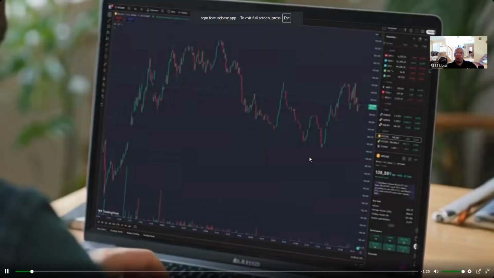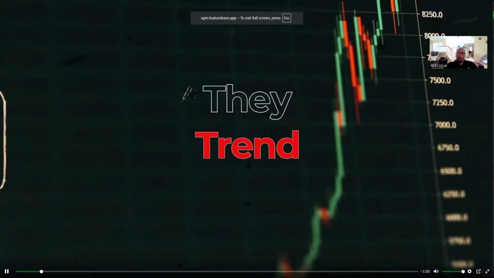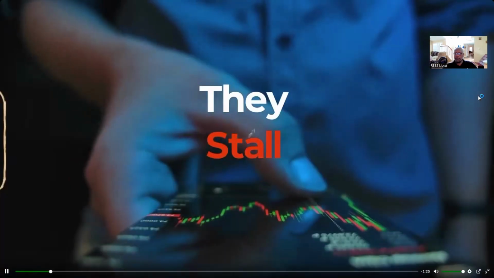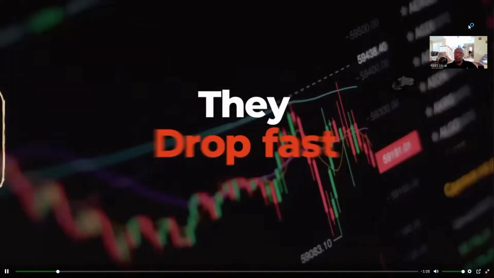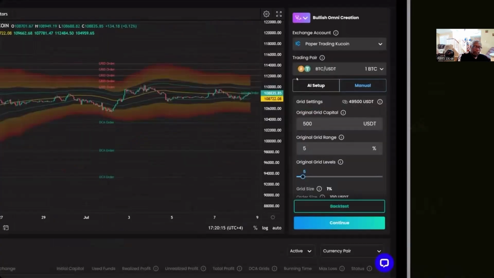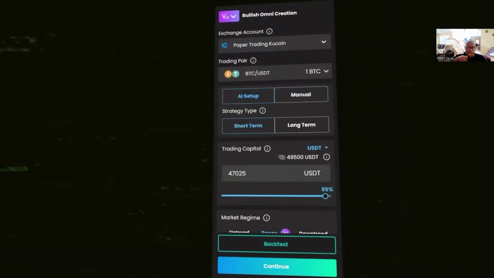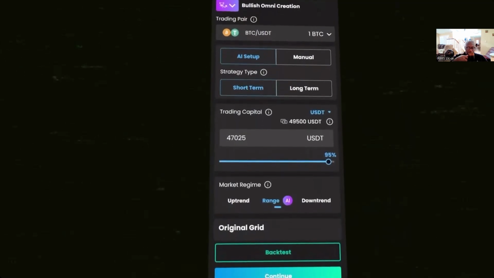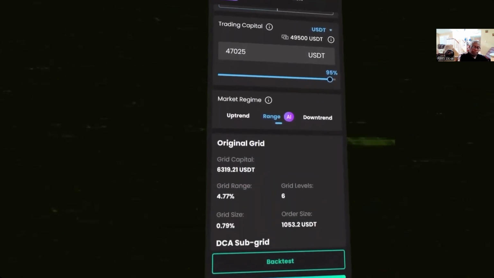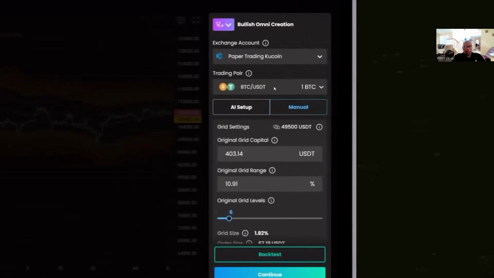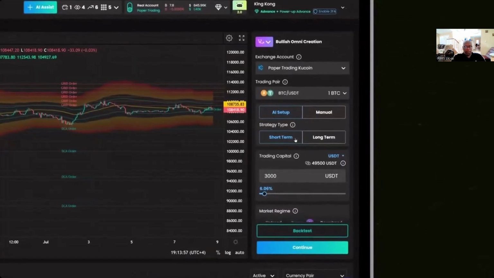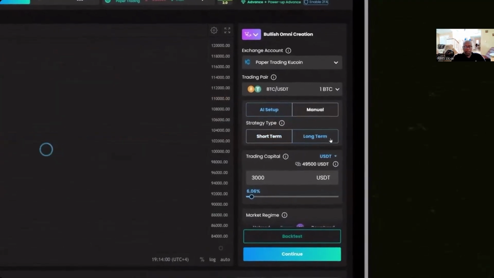Markets don't move in straight lines. Sometimes they trend. Sometimes they stall. Sometimes they drop fast. Enter Omni Assist, now upgraded with Omni Intelligence, an analytical tool designed to help you configure strategies more efficiently and with less guesswork. Just select your trading pair and time frame, short-term for quicker market moves, or long-term for broader trends.